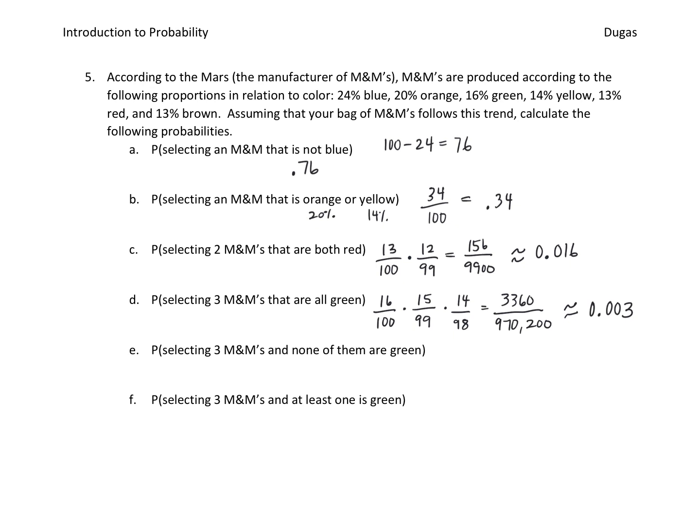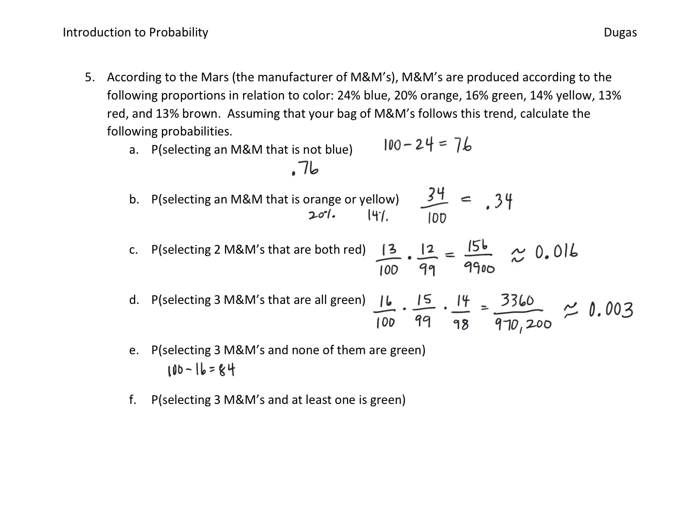Okay, part E, find the probability of selecting 3 M&Ms and none of them are green. The way I would think about this is that each one has to be non-green. So if 16 out of 100 are green, then we can do 100 minus 16, and we would see that that means 84 of them are non-green.